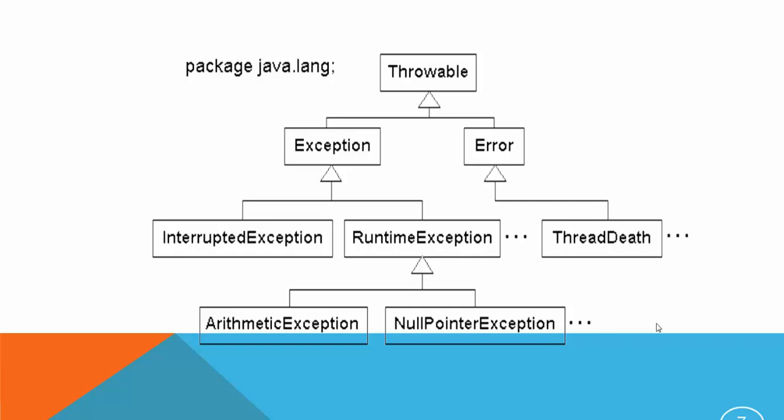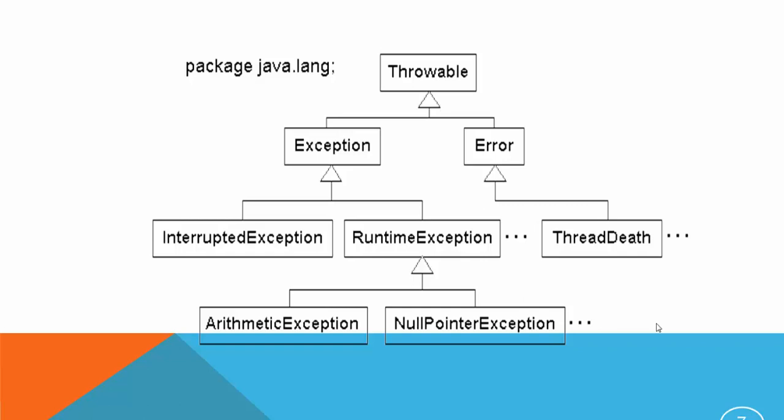If you see here, Exception is extended by, say, InterruptedException and RuntimeException. RuntimeException is a separate category. Other than RuntimeException, whatever classes extend the Exception class are checked exceptions.